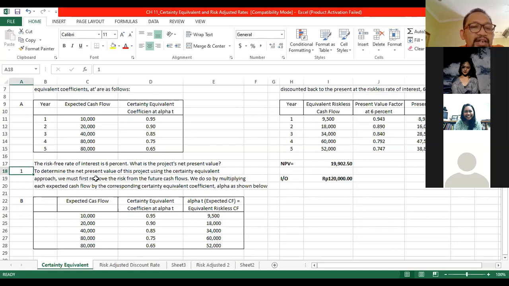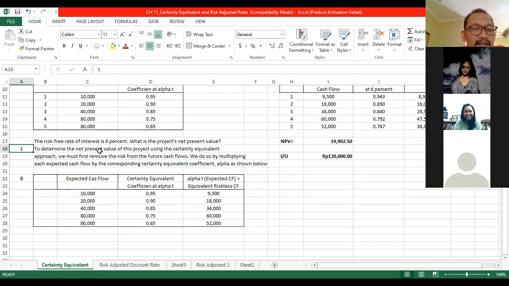To determine the net present value of this project using the certainty equivalent, we must first remove the risk from the future cash flow. So we do this by multiplying its expected cash flow by the corresponding certainty equivalent coefficient, like this one.